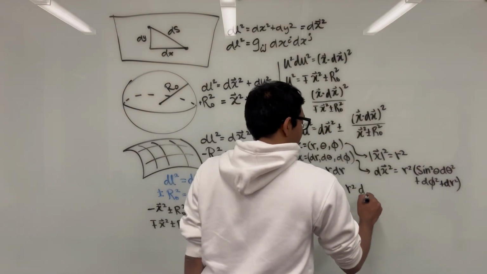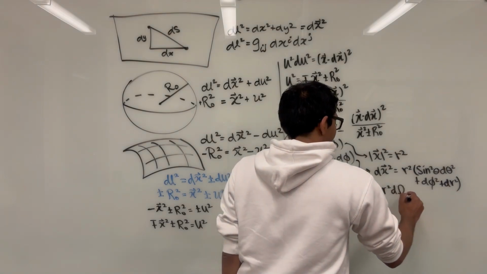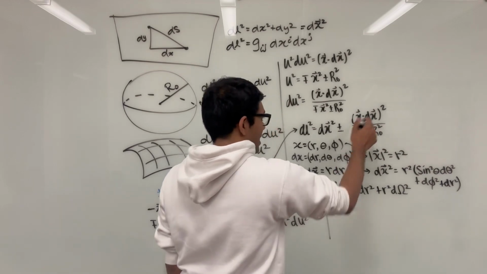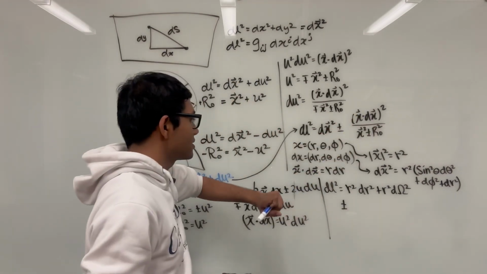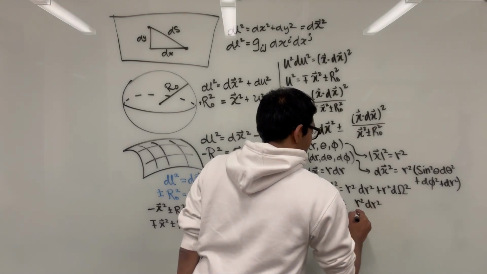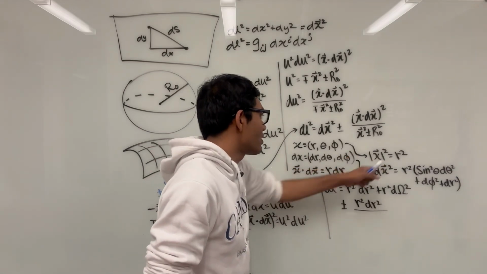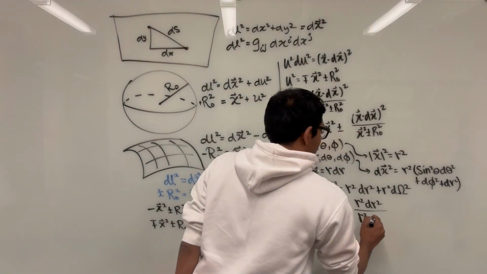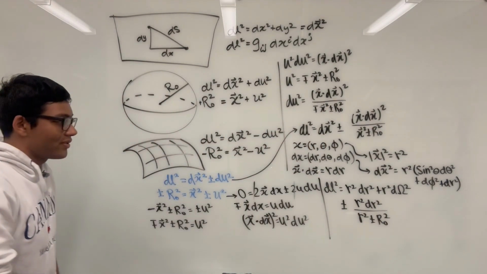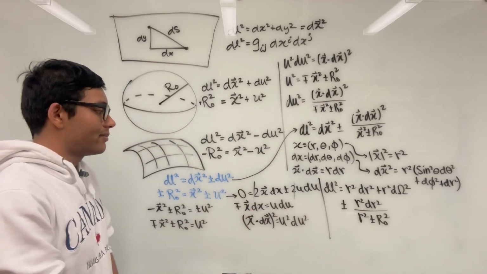So I've got dr squared, plus r squared d sigma squared for the angular measure, and then plus minus this term: x dot dx is simply r dr, and if I square that, that's r squared dr squared, divided by, now x squared is given by r squared, so I have r squared plus minus r naught squared. Okay, so this is the idea. It's starting to take form. We're almost there, but let's not rush it.